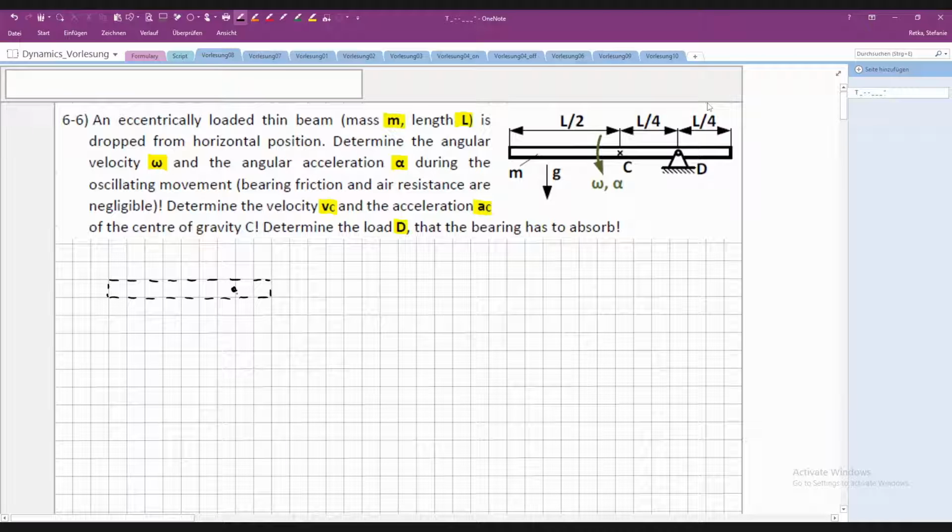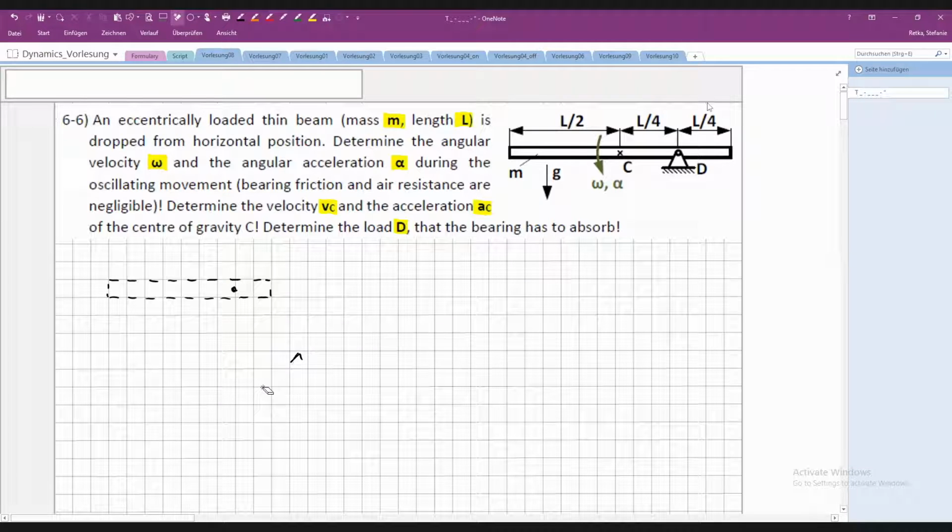And now to include all the loads correctly in our equations, we have to consider the system during motion, meaning in deflected position. So the beam is dropped and then it starts to rotate about the support, meaning that it swings back and forth, something like this. That's the motion.